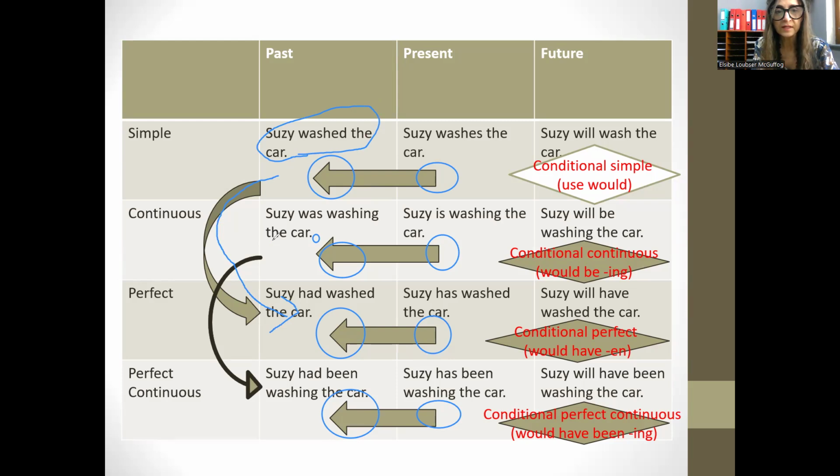So we're going to do that in a minute. The arrow that starts at past continuous, this one that's the darker arrow, can you see it has to go down to past perfect continuous. So past continuous becomes past perfect continuous.